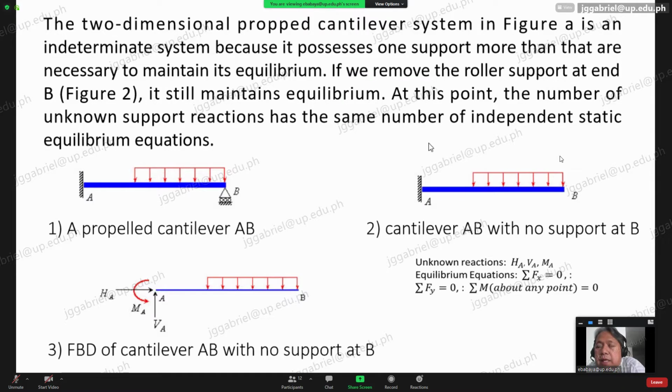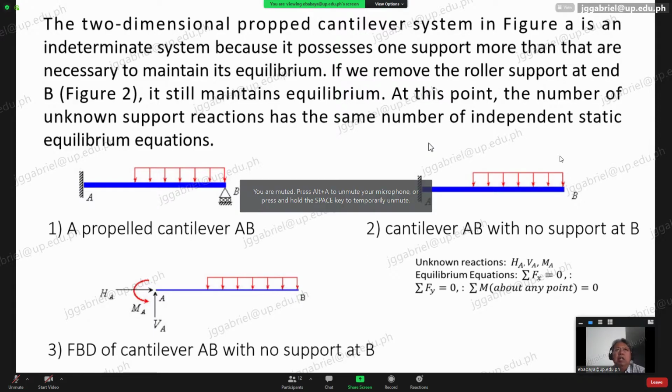Yeah, static siya. That's why we equate to zero because acceleration is equal to zero since velocity is equal to zero. So it's not accelerating. Therefore, the net force and the net moment in translational and rotational all equate to zero.